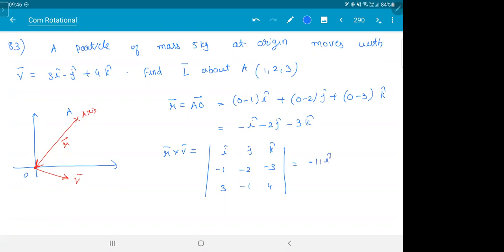Minus 11i. Minus 4 plus 9, so minus 5j. 7k. Right? What is L bar? M R cross V bar. Just multiply that 5 now. Check your answers. Anything you didn't get, please ask me. You check your calculations.